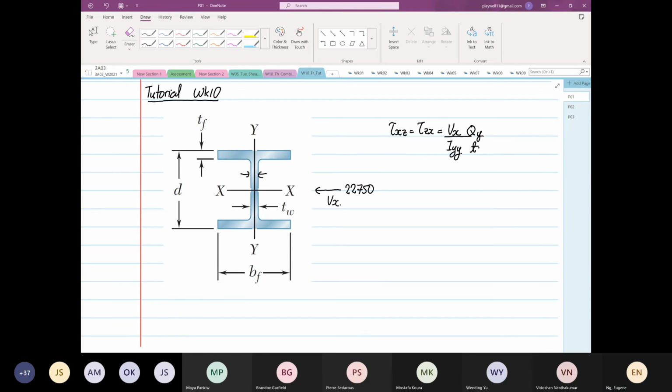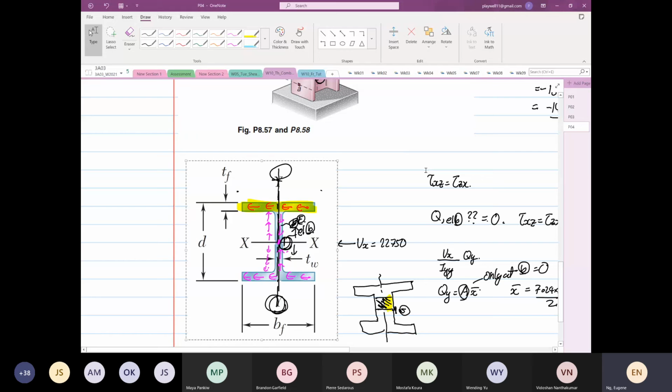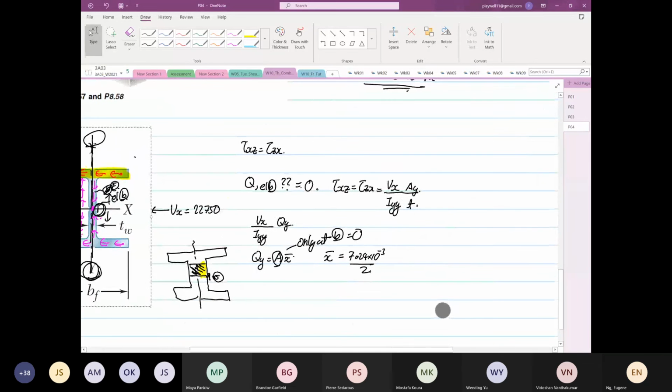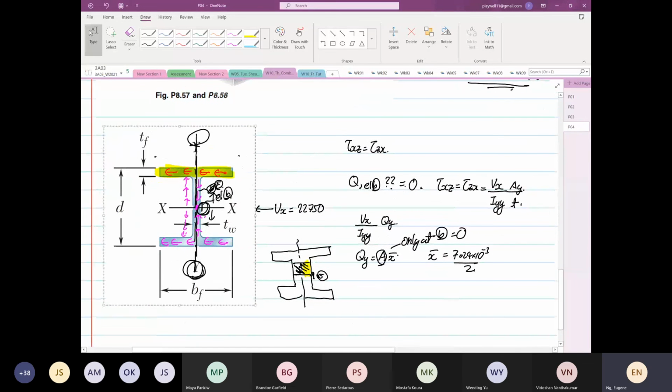Hold on. So the thickness value was 11.8? Was it 11.8? Hold on. Let me check from yesterday. I did not write the thickness value down, but I'm going to find out.